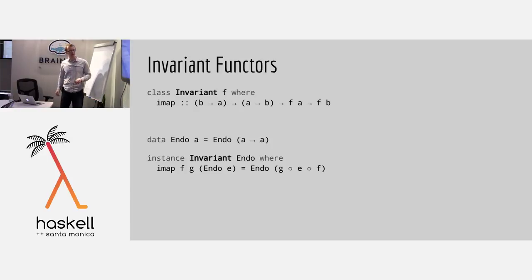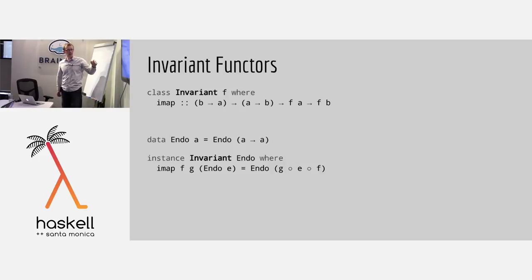If I had a mix of positive and negative occurrences of this type variable, and a function from a to b wasn't enough to perform this mapping operation, then maybe if I put in the function in the other direction, combined they're enough to perform this mapping operation. I can take my positive occurrences and use this function to map covariantly, and then I can take the negative occurrences and use what I had in the contravariant case to map over them.